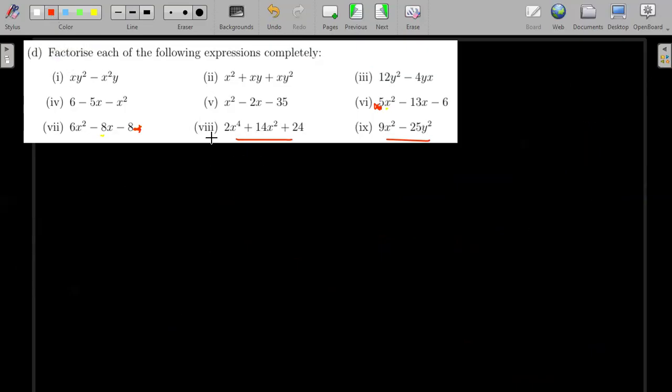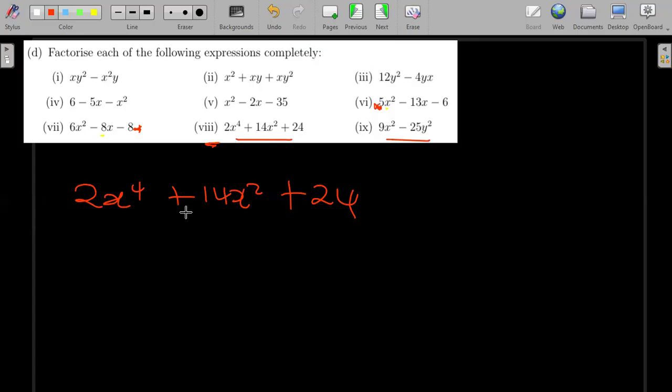Right, so let's solve this one here. This one is 2x to the power 4 plus 14x squared plus 24. When you look at this properly, you can see that it's a quadratic equation that has a special variable.